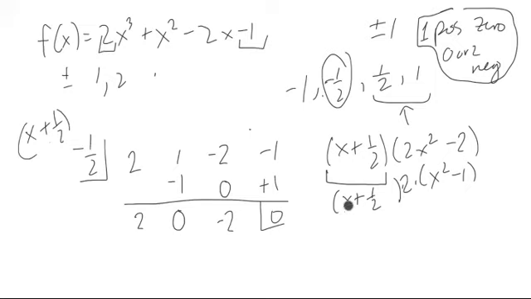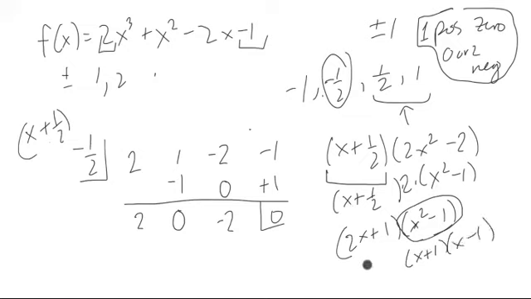So the 2 distributes in and we get 2x plus 1, x squared minus 1. And so we've successfully factored this. And notice that this is a difference of 2 squares right here. So that'll factor as x plus 1, x minus 1, and then we have 2x plus 1.